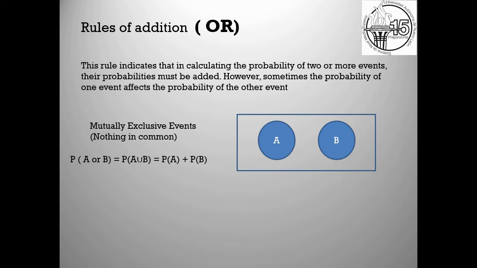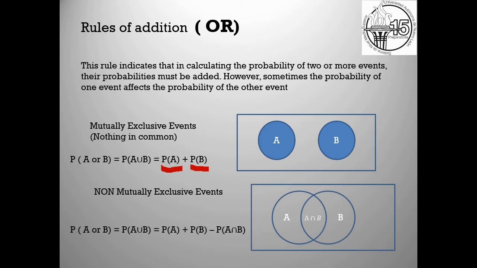Mutually exclusive events have nothing in common. It's read as P of A or B, or P union B, and we are going to add the probability of each event.